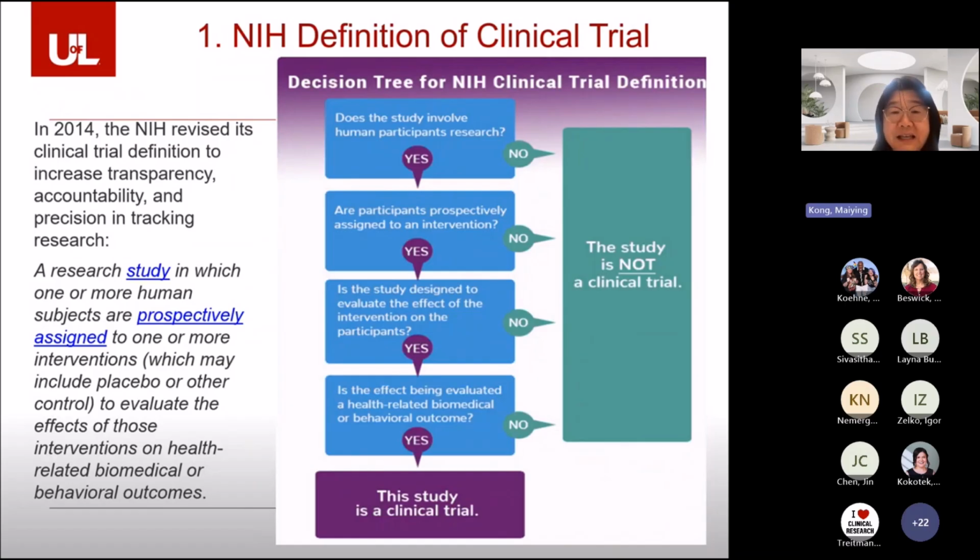Yes. Second, are participants prospectively assigned to an intervention? Third, is the study designed to evaluate the effect of the intervention on the participants? The last is, is the effect being evaluated a health-related biomedical or behavioral outcome? If your answer to all 4 questions is yes, this is a clinical trial.